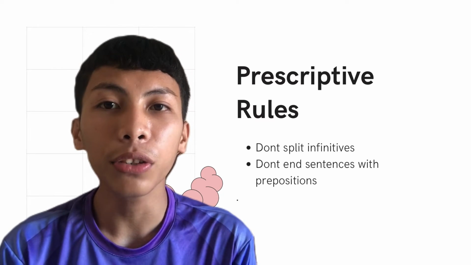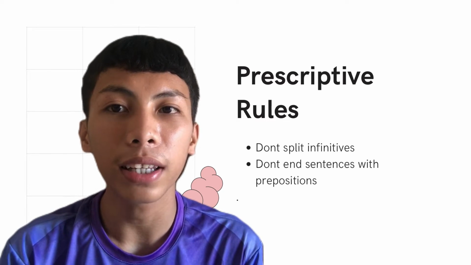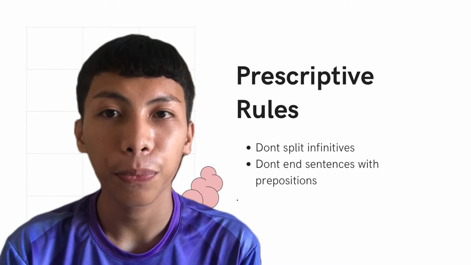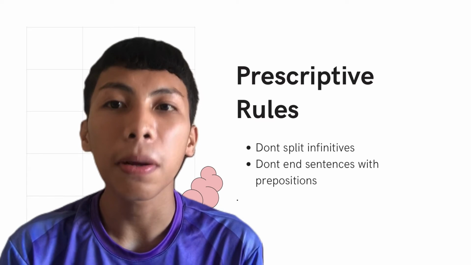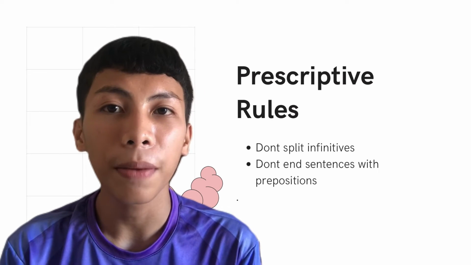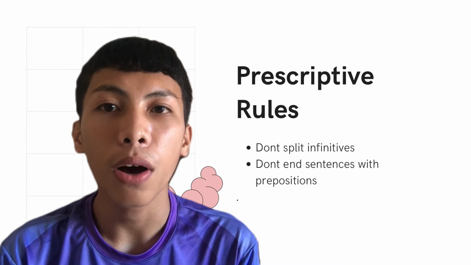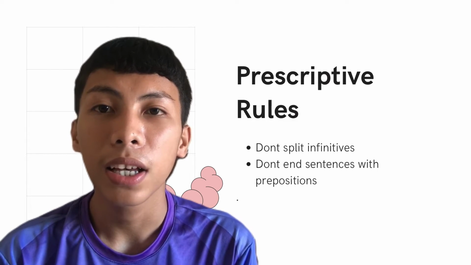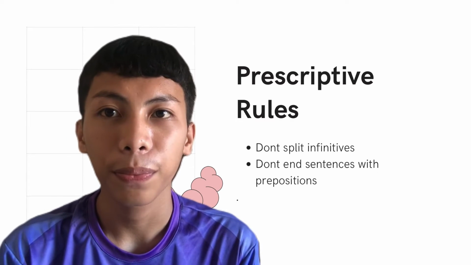And the third rule is use I and me correctly. For example, a correct use of I: my sister and I went to the shops. While for me, I'm going to give three examples, and there is only one correct.